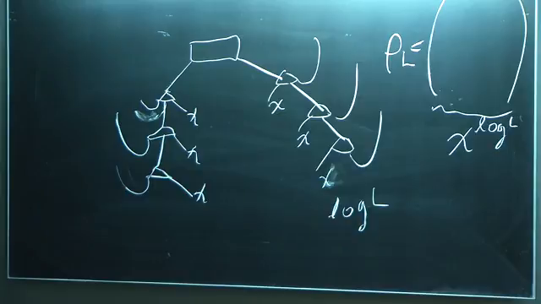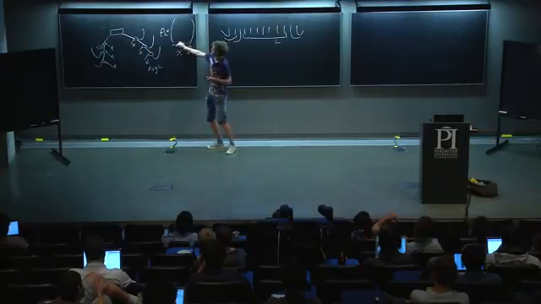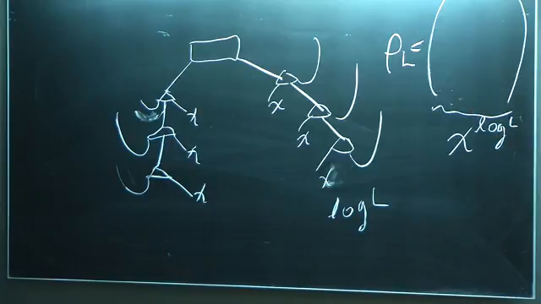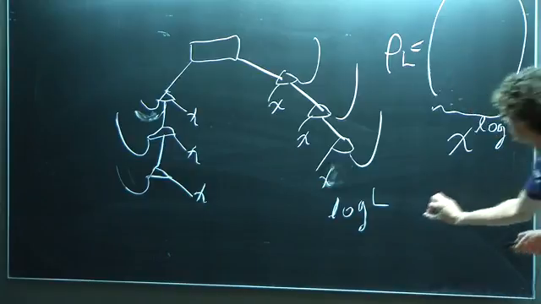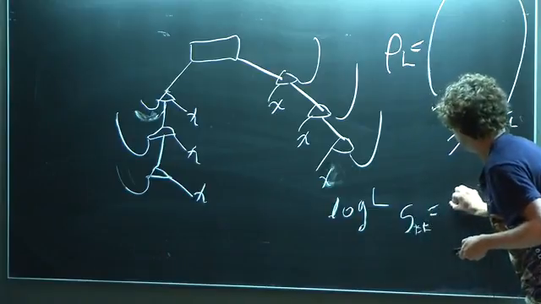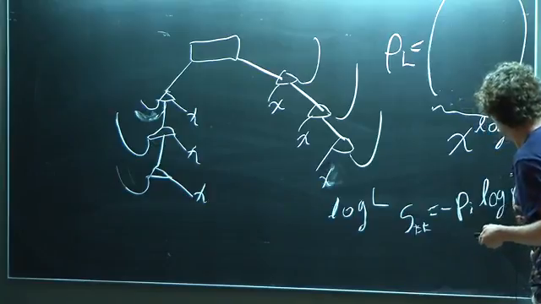And then the question is, what is the maximum entanglement entropy you can have if you have a matrix of chi to the power log L by chi to the power log L, because there's also the other index of the Hermitian conjugate. Well, then we look at the formula. The entanglement entropy is minus the sum of all these p_i log p_i.